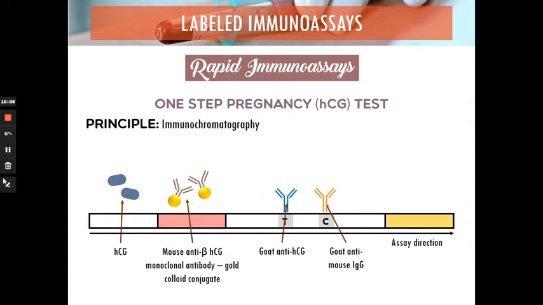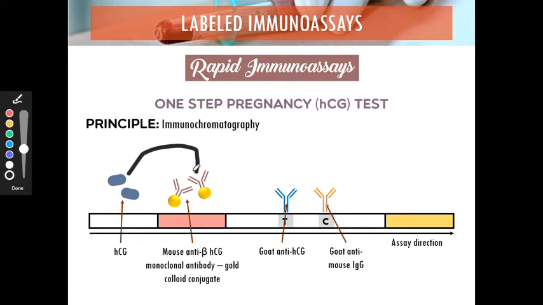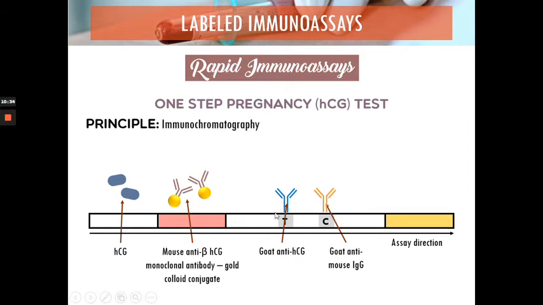The next thing is that the HCG will combine with your mouse anti-beta HCG if it's present, and they form a complex. This complex will then move this way and will first be captured at your test line, which is your goat anti-HCG.